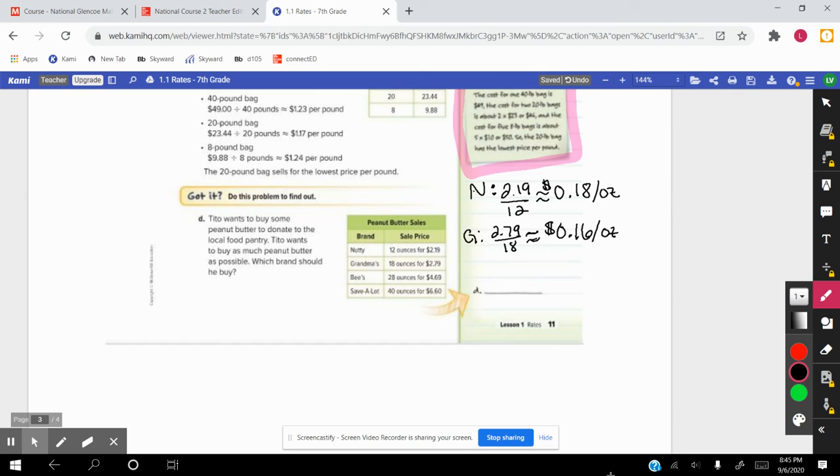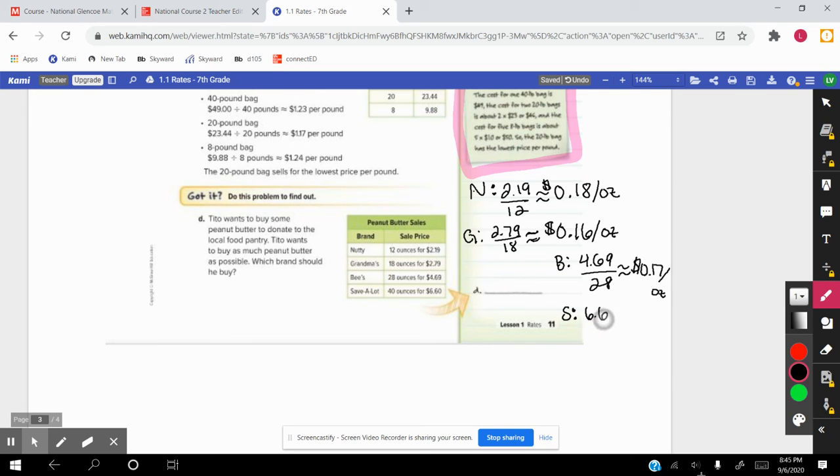All right, then I'm going to go ahead and do B's. That is 4.69 for 28. This is about 17, not $17, 17 cents per ounce. And then lastly, I have Save-A-Lot.